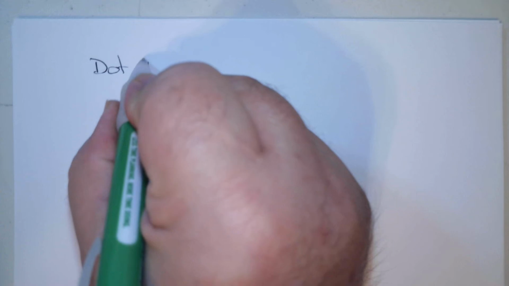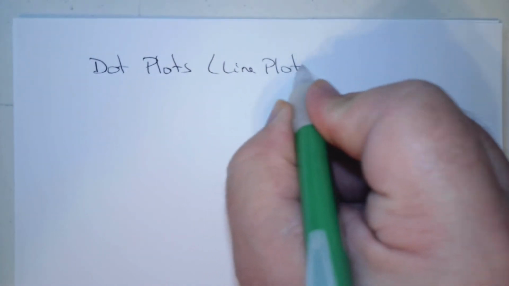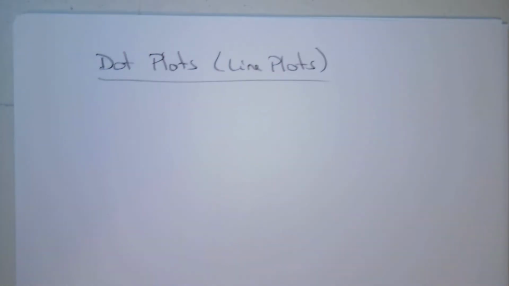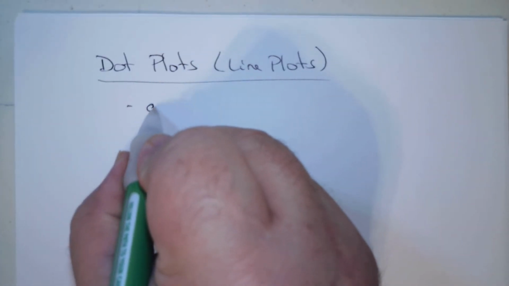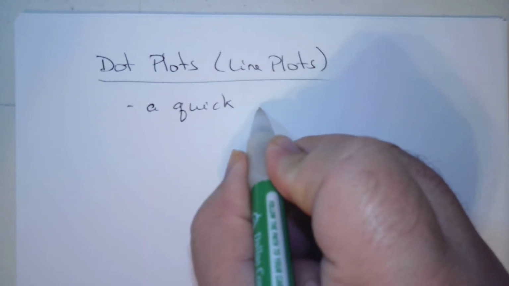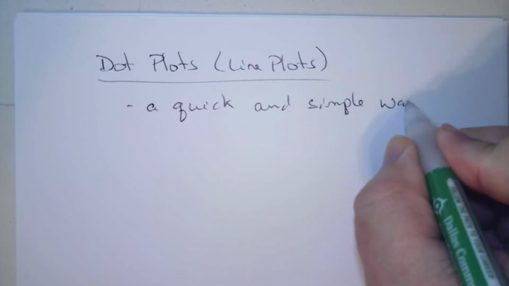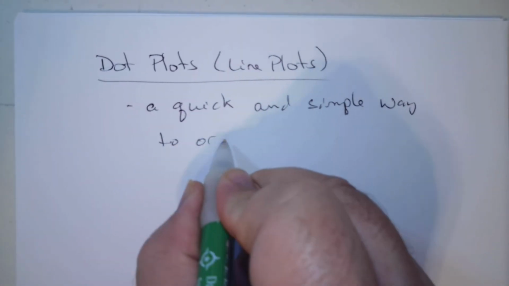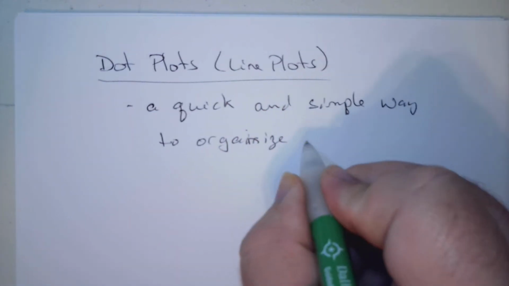The next one we're going to talk about is dot plots, or line plots. Dot plots are a quick and simple way to organize data.